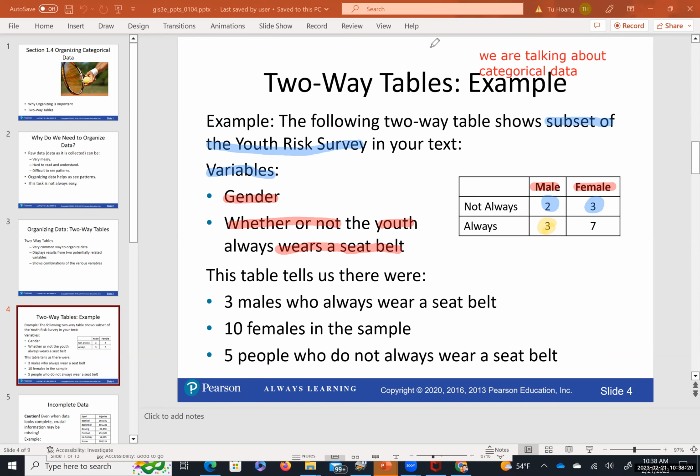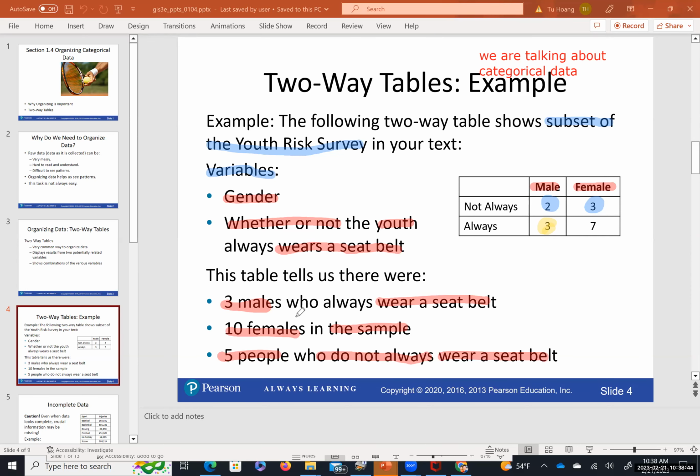So this table tells us there are three males who always wear a seatbelt, and there are 10 females in the sample, something like that. And 5 people who do not always wear a seatbelt. Why 5?